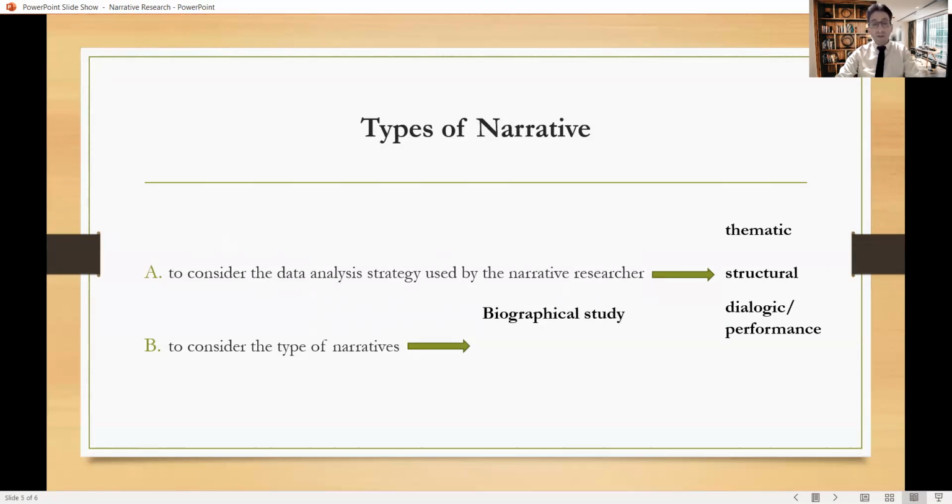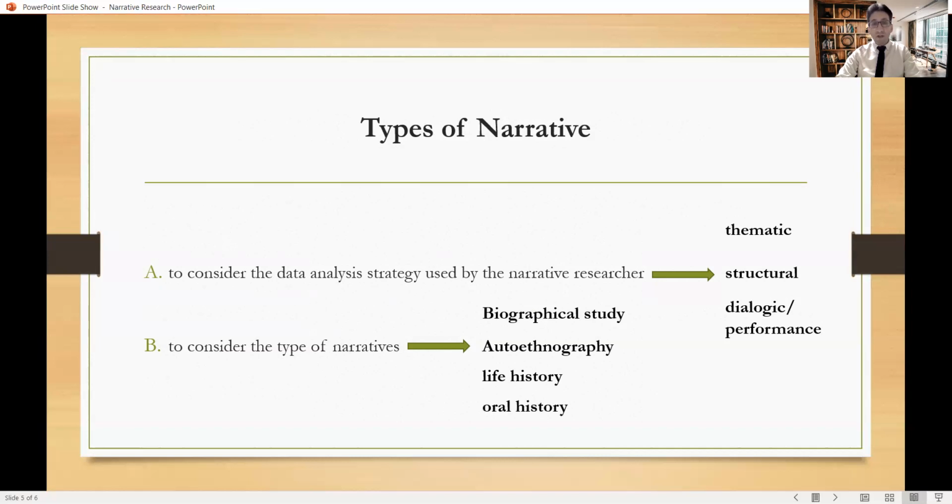Or it can be autoethnography, which is written and recorded by individuals who are the subject of the study. Also, it can be life history, which portrays an individual's entire life.